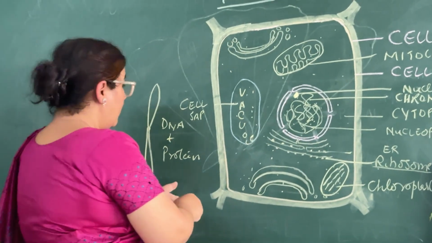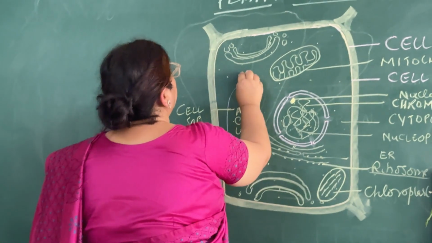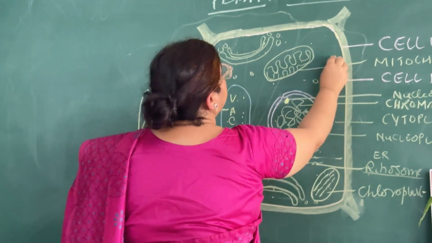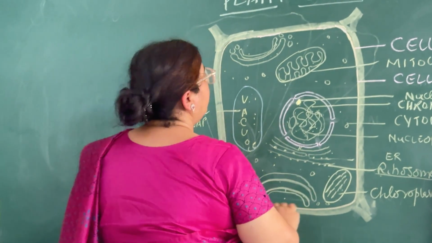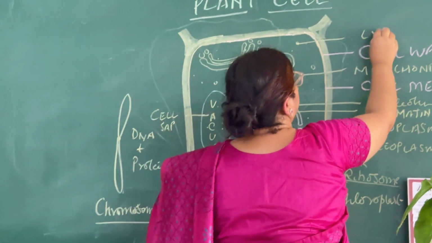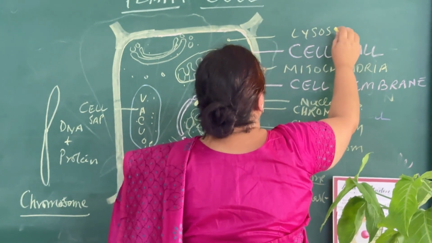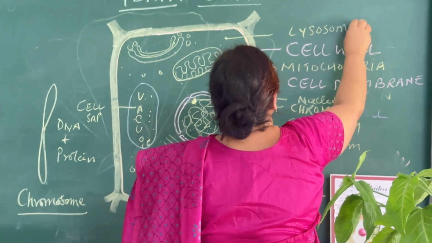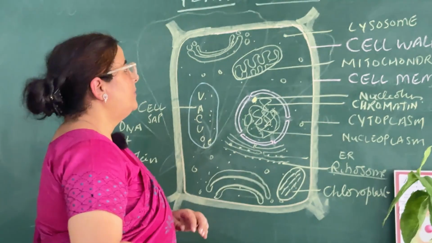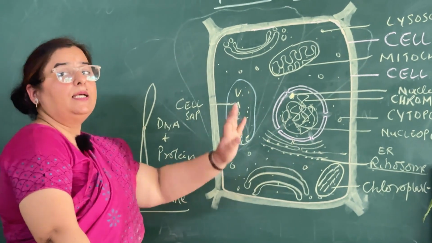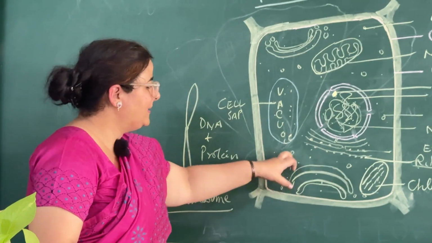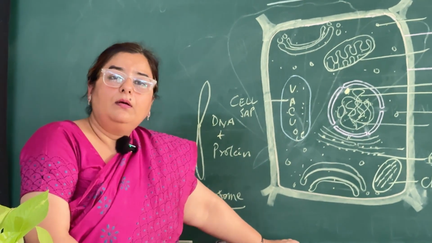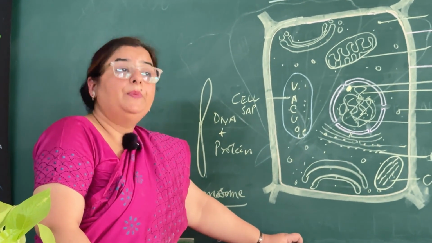Then there are other cell organelles also. For example, there are lysosomes. Lysosomes are known as suicidal bags. Why suicidal bags? Because they contain powerful digestive enzymes which help in digestion.